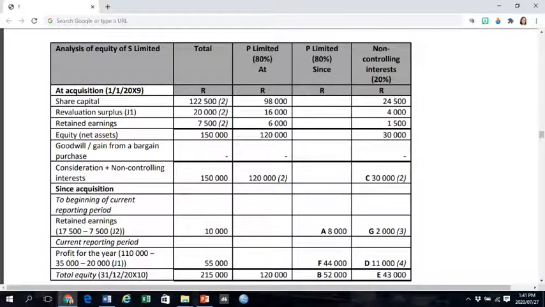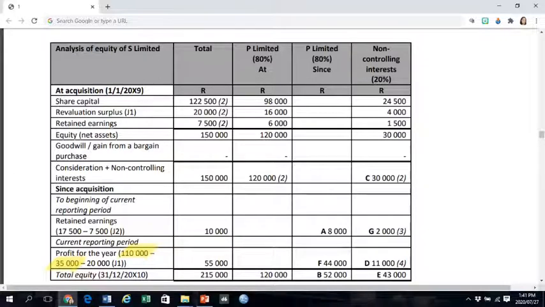In the current reporting period, the only movement in equity identified is profit for the year. I start with the profit on the TB. Please remember, the 35,000 was purely listed as a separate line item. That is then adjusted for the effect of those consolidation journal entries that change the profit of the group, and specifically the profit of the subsidiary that's included in the profit of the group.